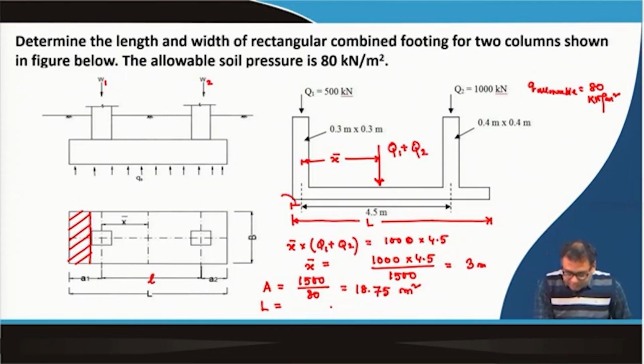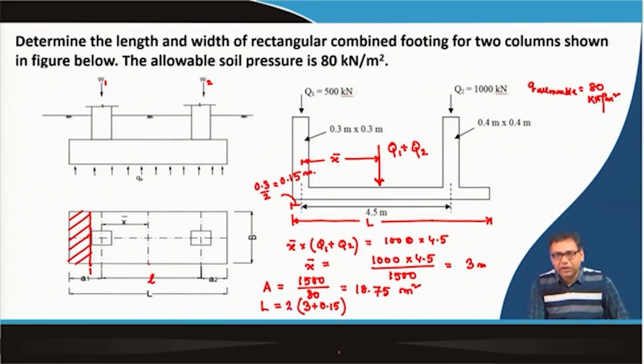So this will be 0.3 divided by 2, that is 0.15 meter. So from this edge up to this center, this distance will be 3 plus 0.15, into 2, because we are taking this as the center of this foundation. So this will be 2 into 3.15.